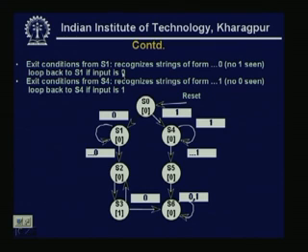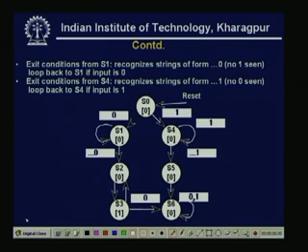Now, we see the exit condition from S1. It recognizes strings of the form 0 with no 1 seen. See, S0 was my initial state. So initially, a 0 can come or a 1 can come.